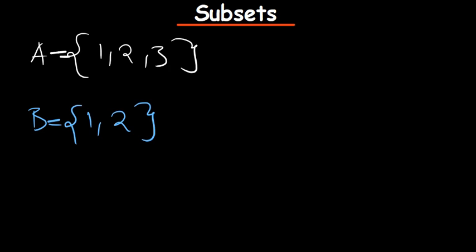In this case, definitely, we can say B is a proper subset of A, because B has got 1 and 2 contained in set A, but A is bigger than B, right? Okay. Now, if I was going to say B is generally a subset of A, I wouldn't be wrong either.